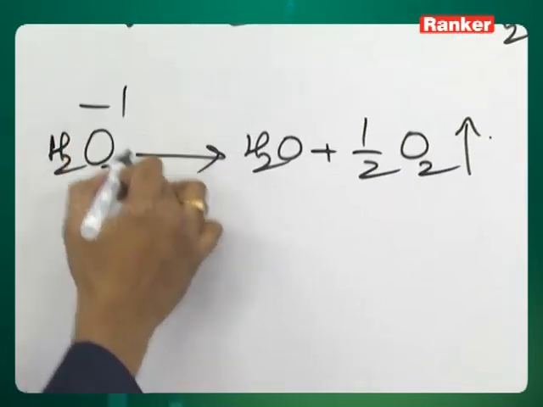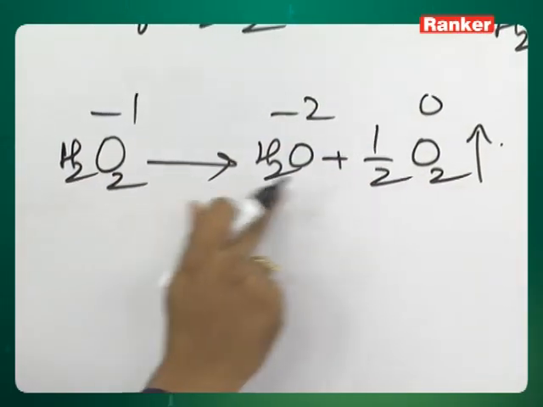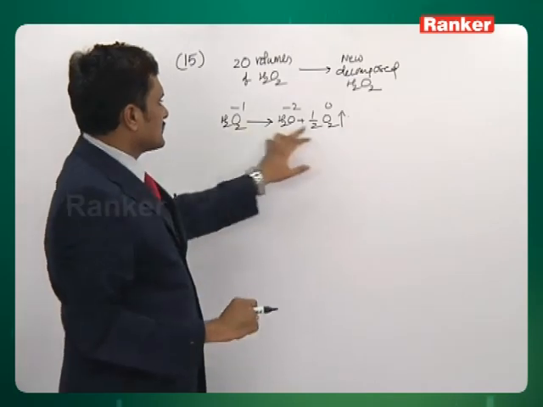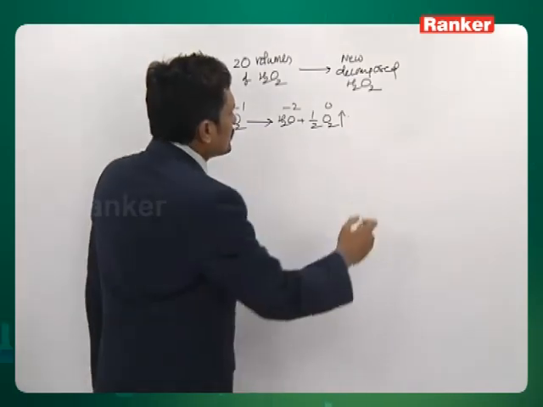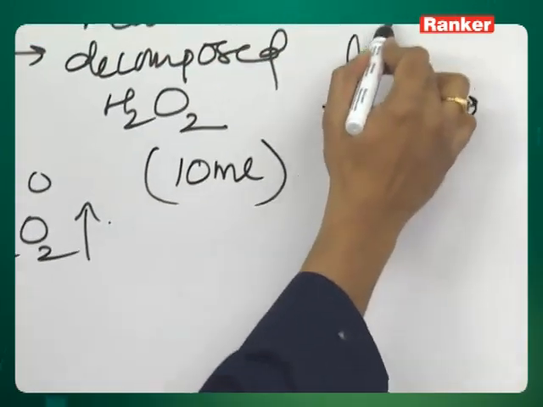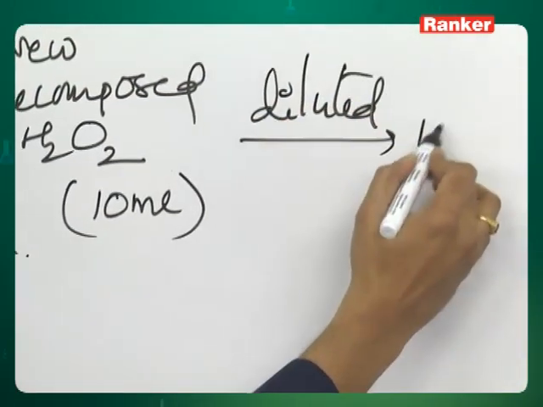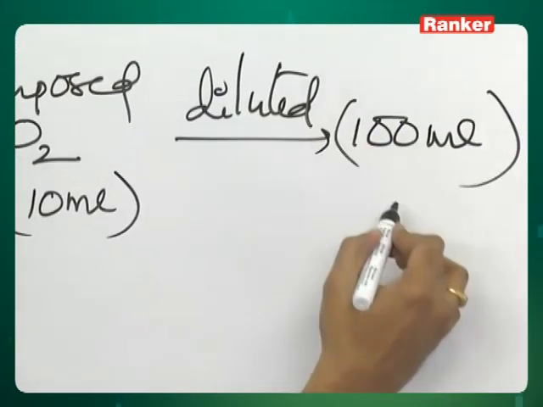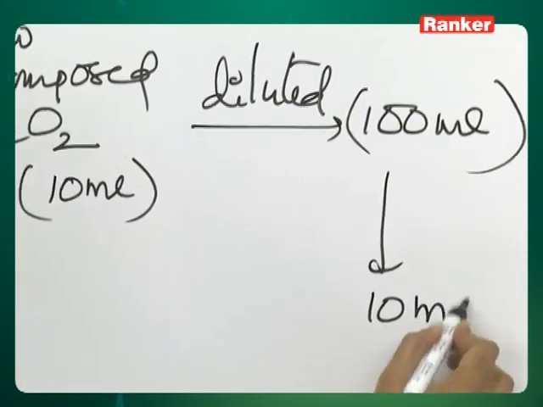You can see the change in oxidation state from -1 to -2, that is reduction as well as oxidation. Now from this decomposed sample, we have taken 10 ml, added water, then we made it to 100 ml, then 10 ml of this was picked.